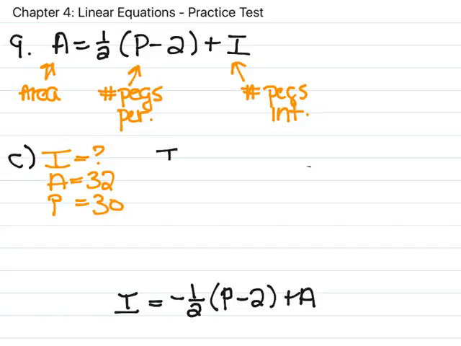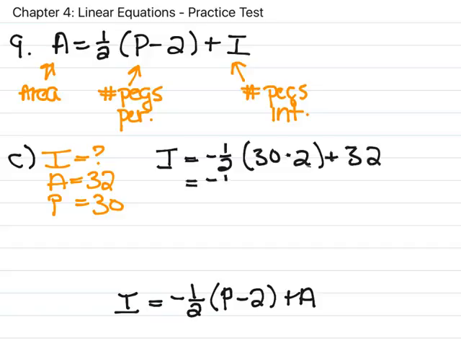So we have I is going to be equal to negative a half 30 minus 2 plus 32. So we'll have negative a half 28 plus 32.